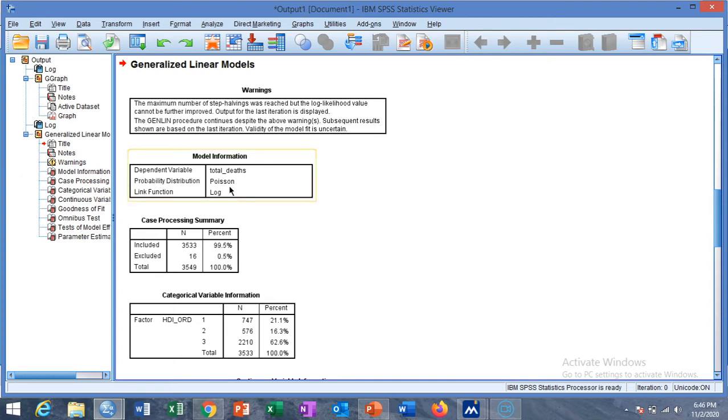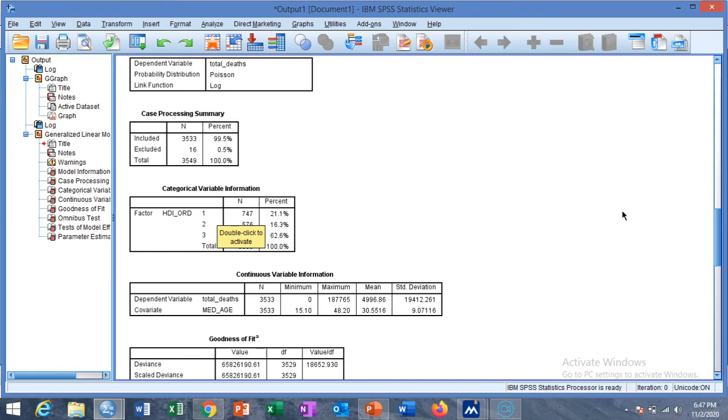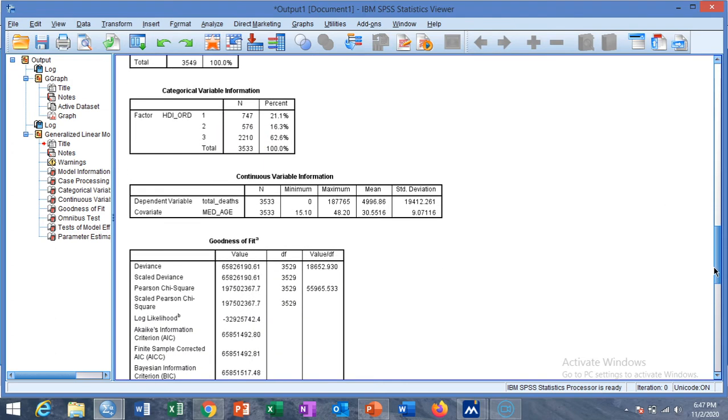And then first you will see the model information: that you have dependent variable, total number of death, and probability distribution, Poisson, and link function is log, and that means you are taking log of your counts. These are the factors.